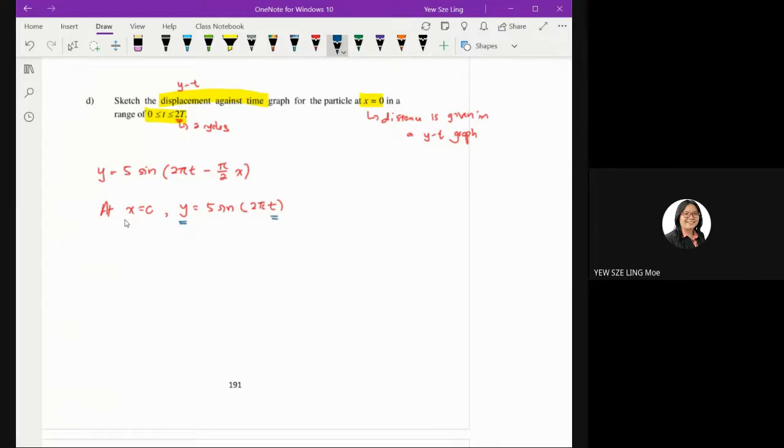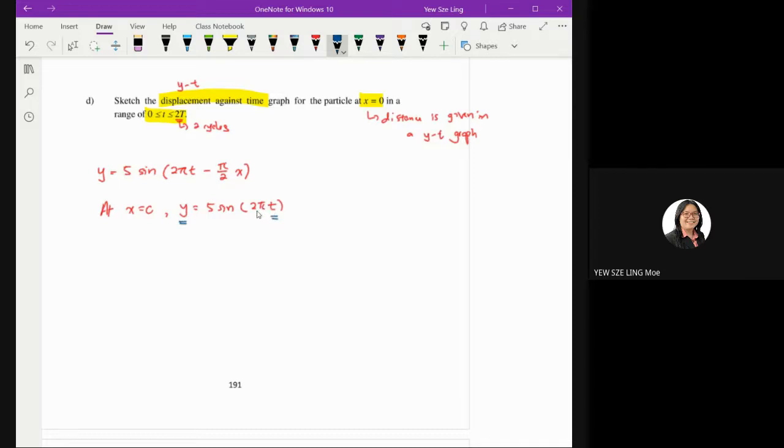It gives you the distance, so you know which particle, but this particle is still oscillating, so you don't know the exact position yet because it changes with time. If you're given the time, then you'll be able to identify the position of that particular particle at that particular moment.